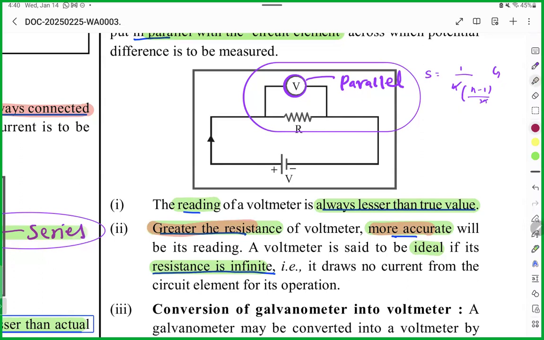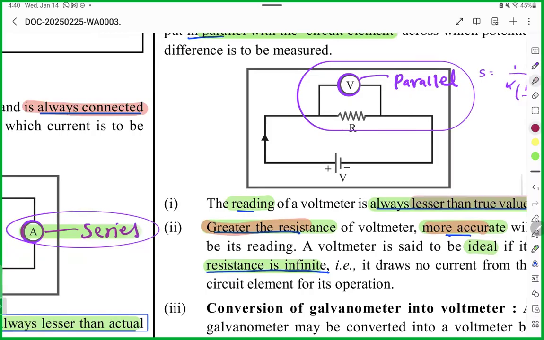Okay. If you see the reading of this voltmeter, it will be lesser than the true value, same as with current. Why? Because some amount will always be wasted.